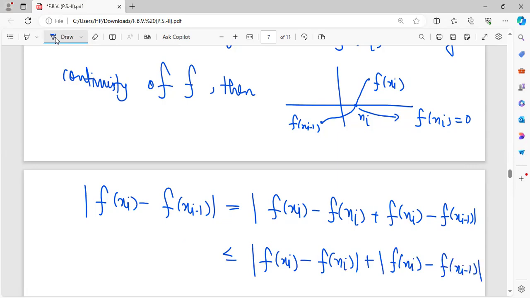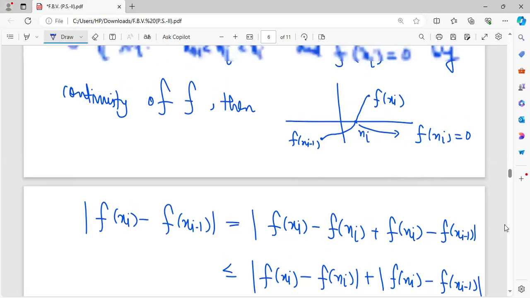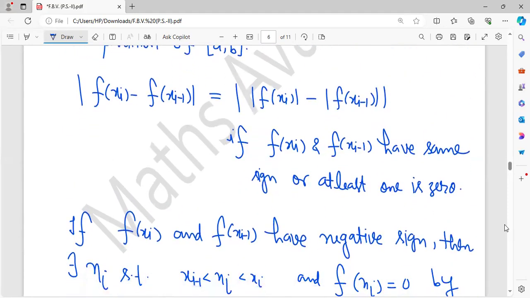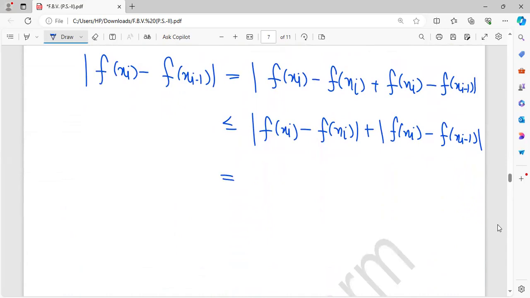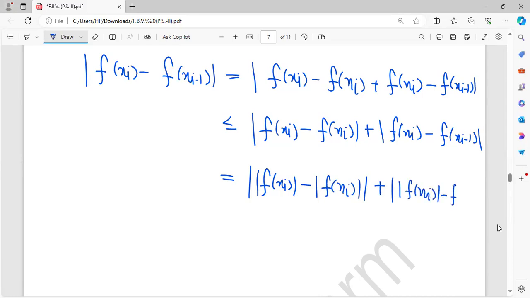Now f(eta_i) is 0, by equation 2. I said that if at least one is 0, then this is equal to the modulus expression. So here f(eta_i) is 0, so I can write this as equal to the absolute value of f(x_i) minus the absolute value of f(x_{i-1}). Okay, I can write like that.